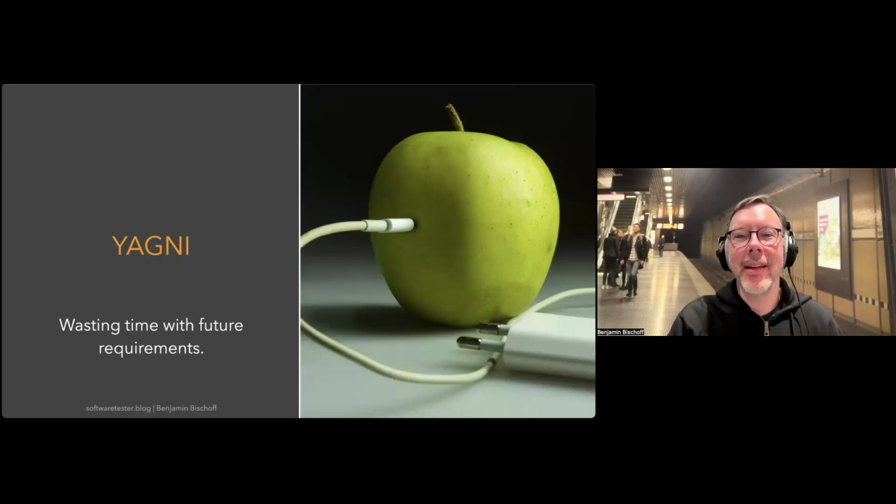Yagni, this is exactly the one that referred to the premature future proofing. Yagni stands for you ain't gonna need it. And this is one of my top mantras to code by. It's wasting time with future requirements.